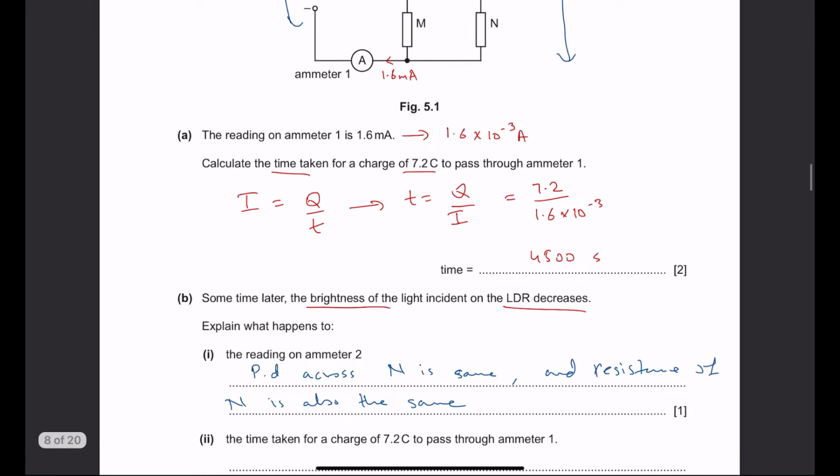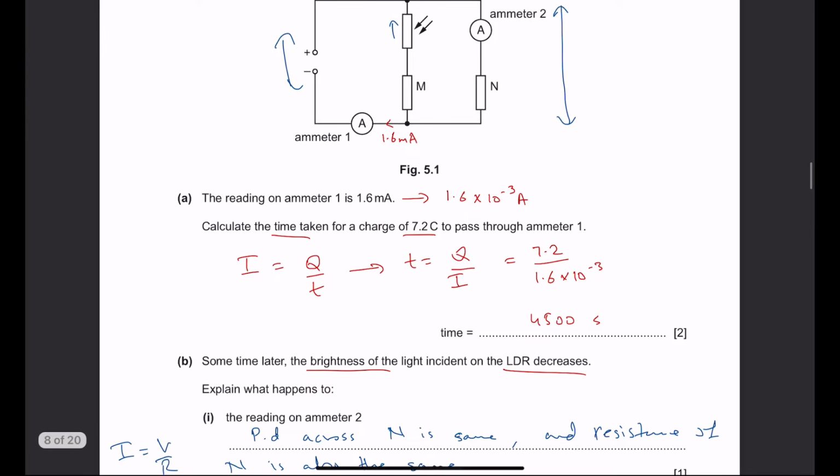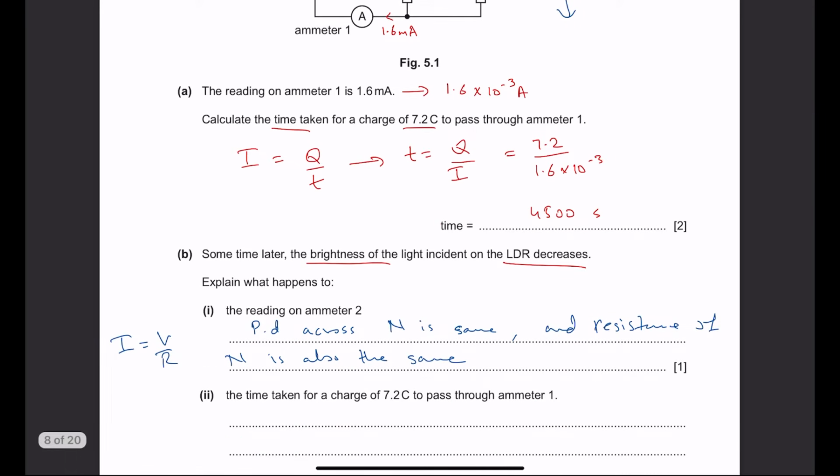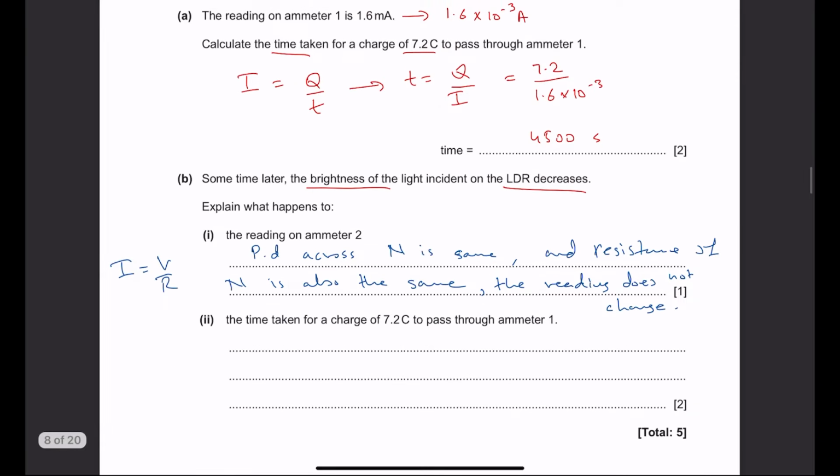Now ammeter reading is the current, which is V over R. If V has not changed and R has not changed for a resistor N, then obviously the current passing through here will also not change. So the reading does not change.